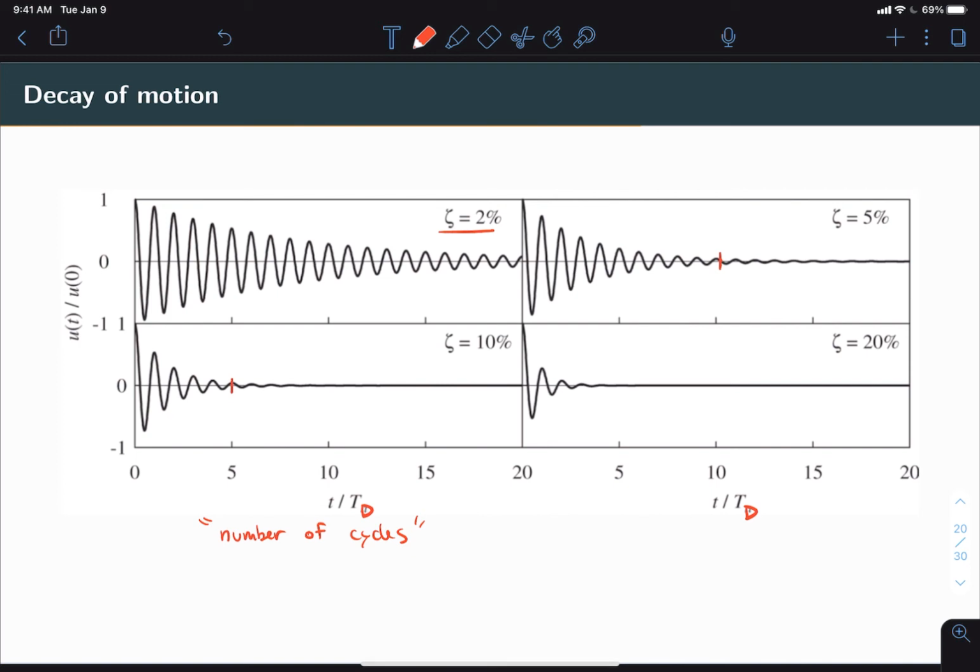And then at 20% damping, we're down to about 3 oscillations. And this is regardless of the natural frequency of the system. What the natural frequency will do is it will stretch these or compress these over more or less time. But damping will fix the number of cycles it takes to get down to 0.